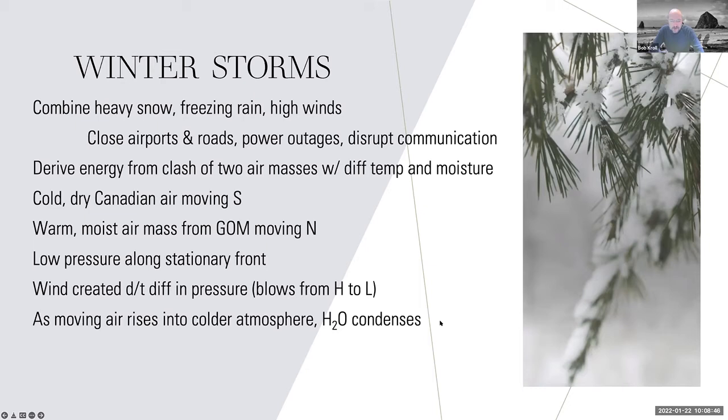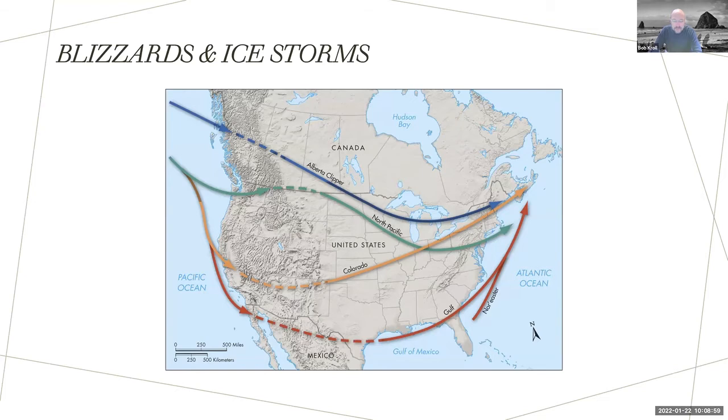Just as we talked about with the thunderstorms, the air rises into the colder atmosphere, and moisture condenses. Depending on what the temperatures are at the different levels, and what layers it goes through, the precipitation will manifest as snow or hail or sleet.